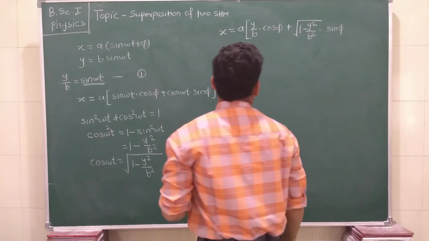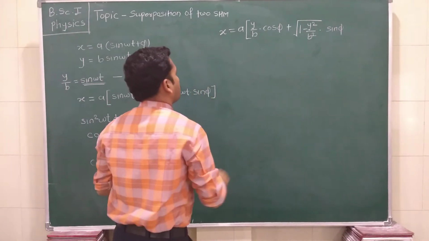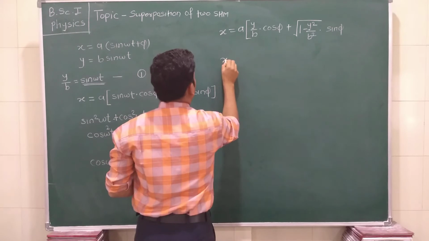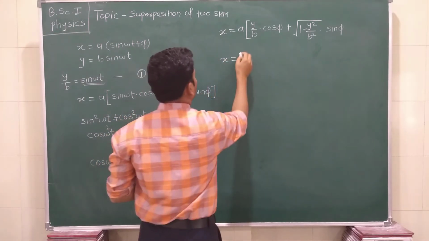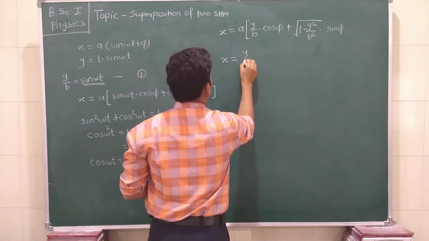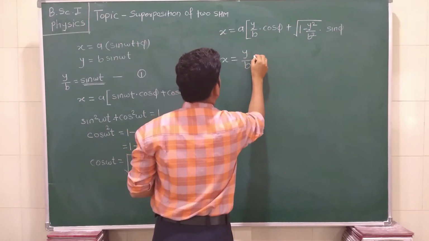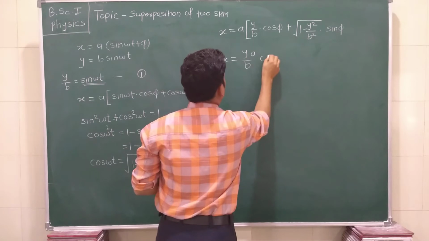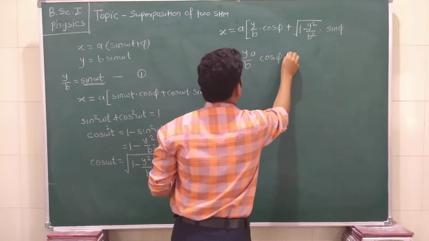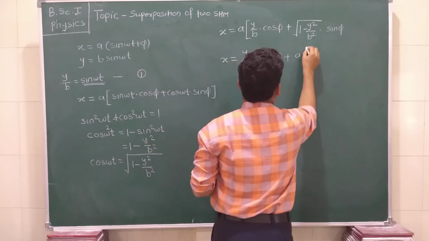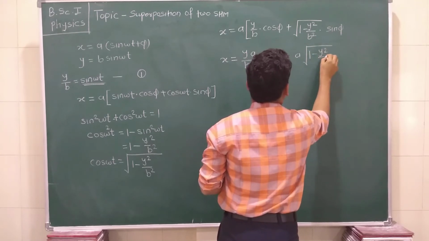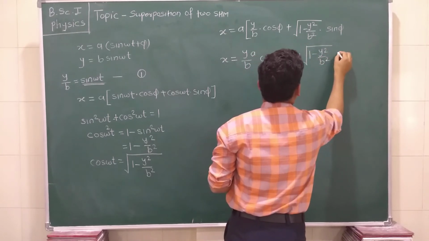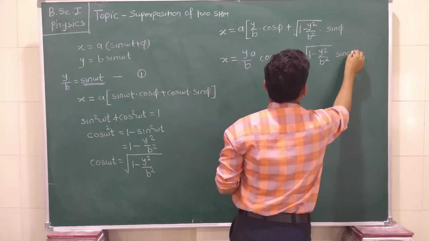Now, if we solve this bracket, x is equal to y upon b into a cos phi plus a under root 1 minus y square divided by b square into sin phi.